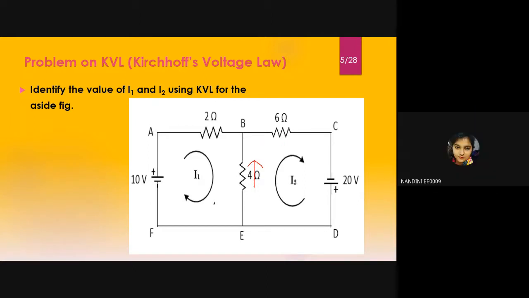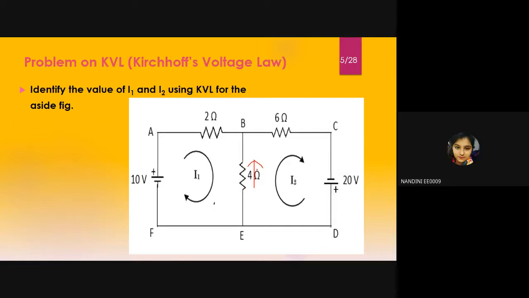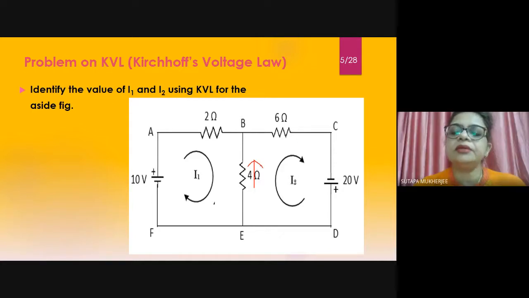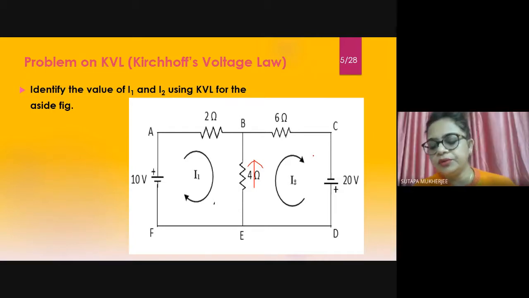First of all, consider the effect of I2: 4I2 minus 4I1, plus 6I2 minus 20, that will be equal to 0.